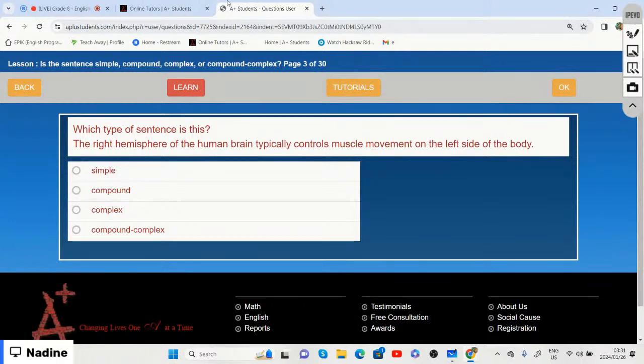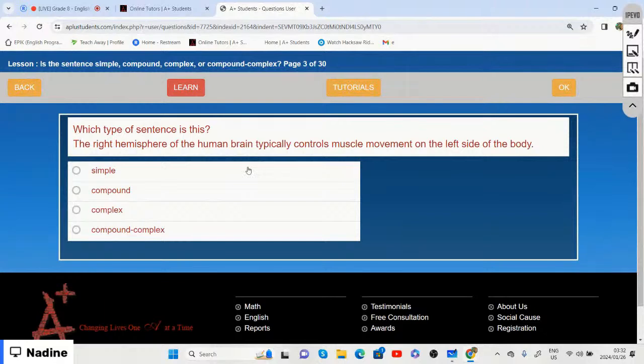All right, so now we need to say which sentence is the next one. It says the right hemisphere of the human brain typically controls muscle movement on the left side of the body.